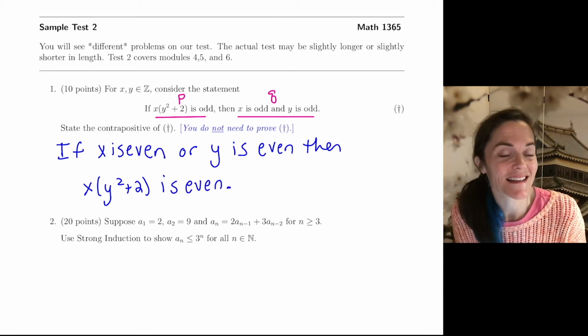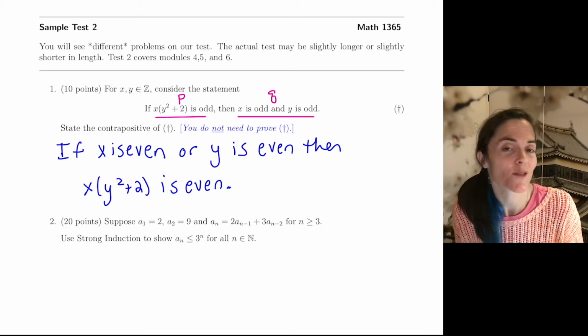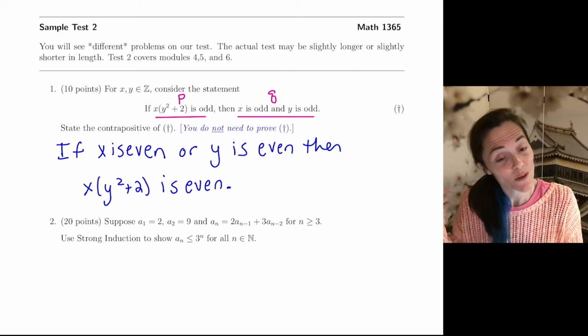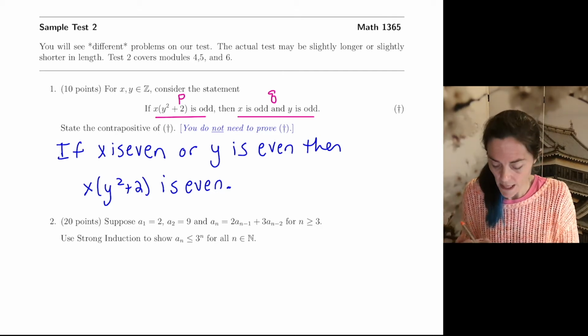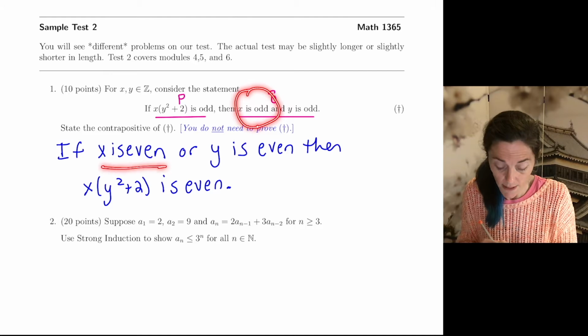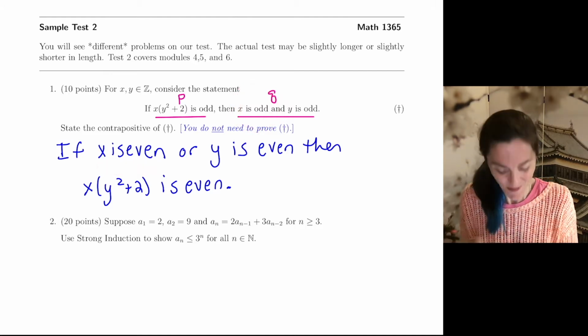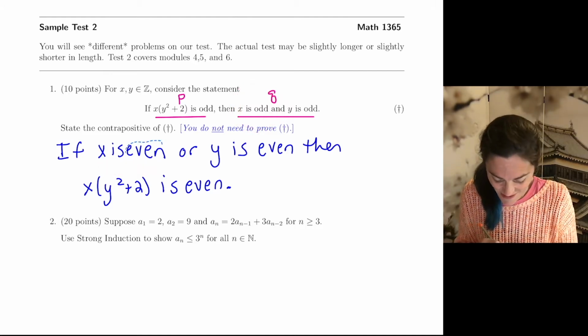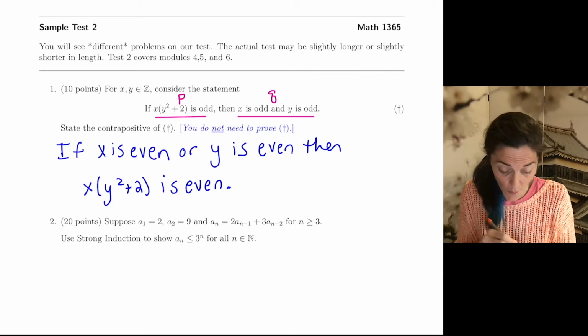One thing we can use in this course is that every integer is either even or odd, but not both, so that if you negate this part, x is odd, you get x is even, for example. Okay, that's all there is to this number 1.